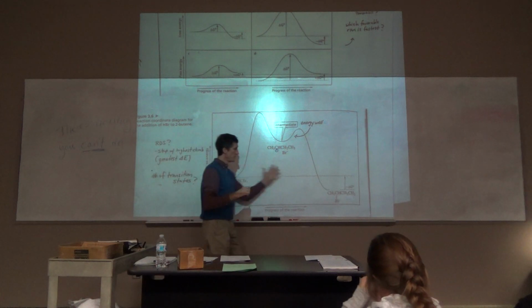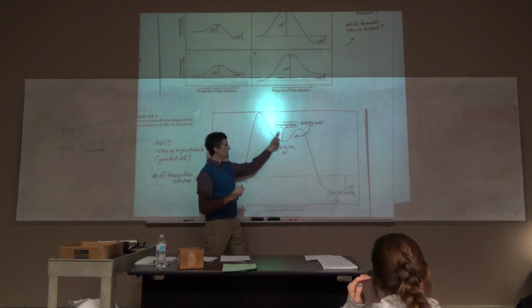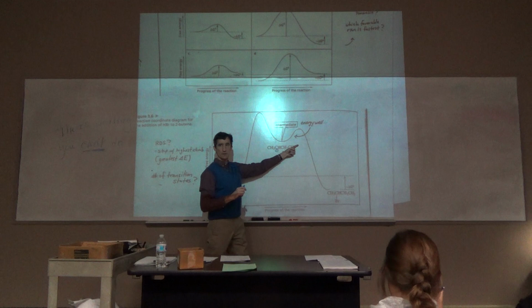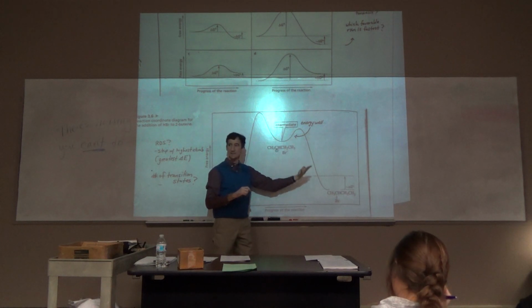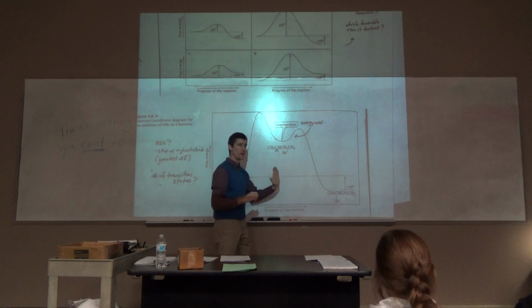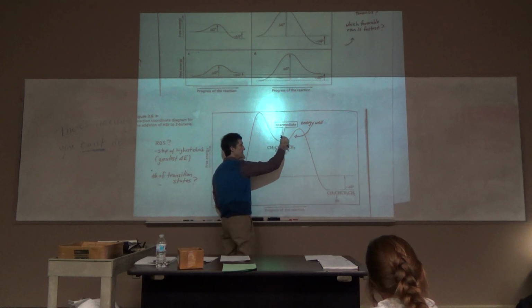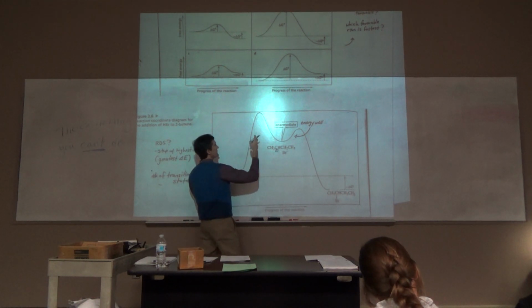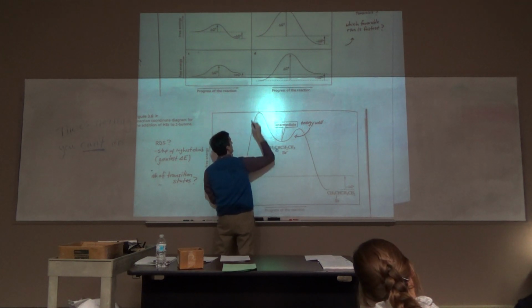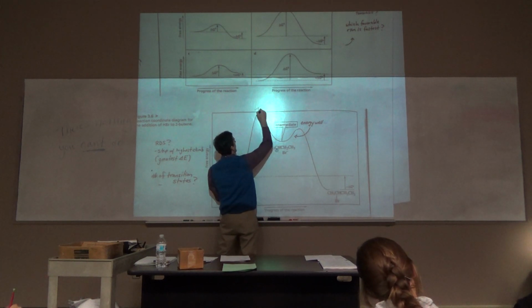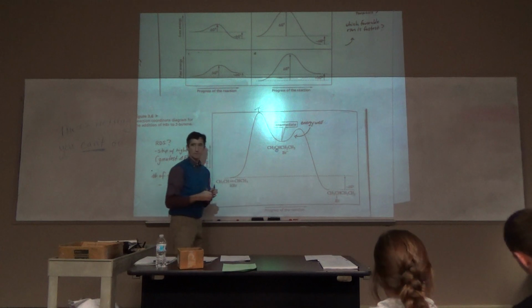This is an overall reaction. We say it's a two-step reaction. We can say it has two elementary steps to the overall reaction. It has one intermediate. See, the intermediate sits in an energy well because there's a transition state leading to the intermediate.